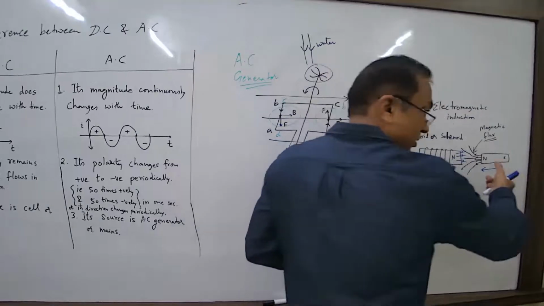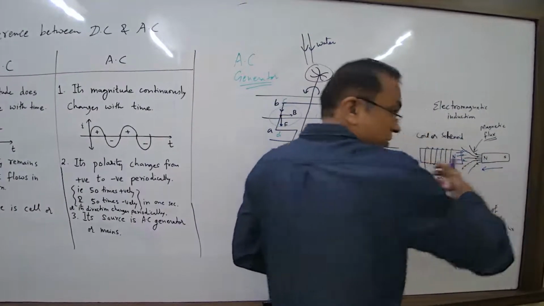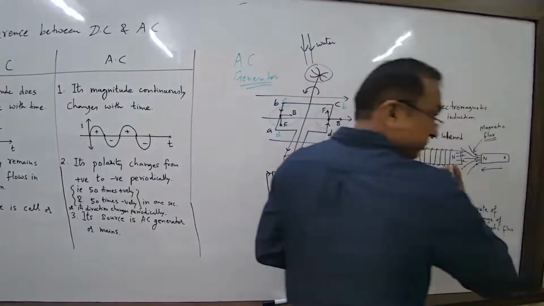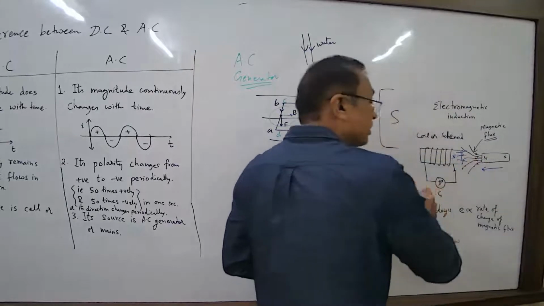When the magnet is coming closer, here also north pole will develop so that it will oppose, and you are working against this opposition. So your mechanical energy is getting converted into electrical.